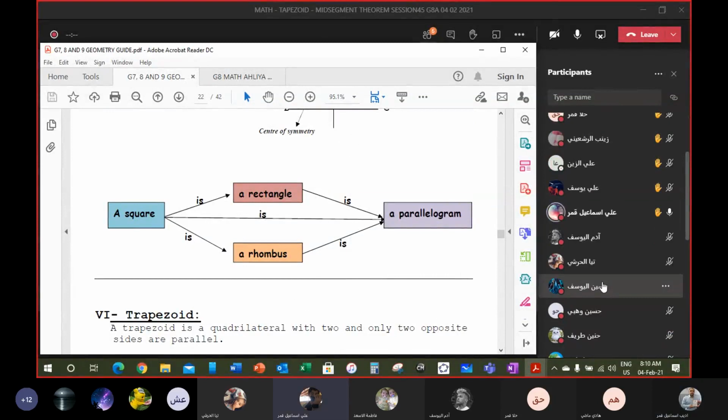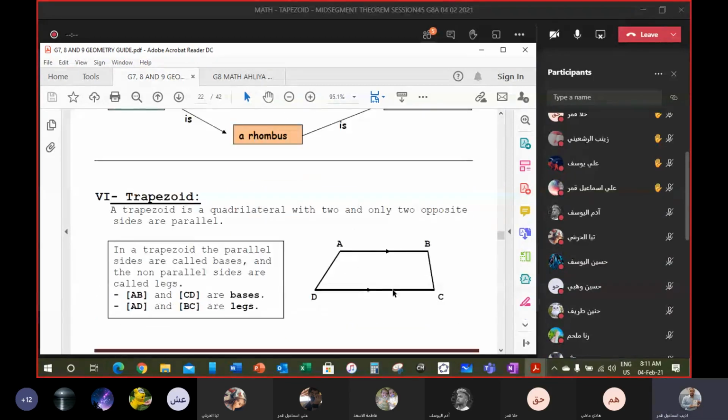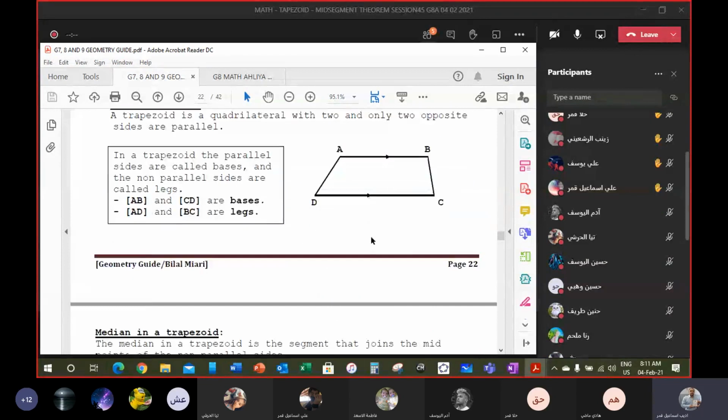Ali Yusuf: Bases. Bases. Ali Zain, what do we call the non-parallel sides? Legs. Legs. So the parallel sides in a trapezoid are called the bases and the non-parallel sides are called the legs. Okay?